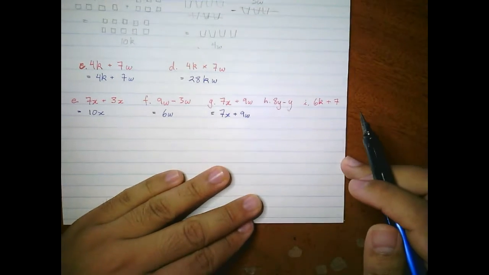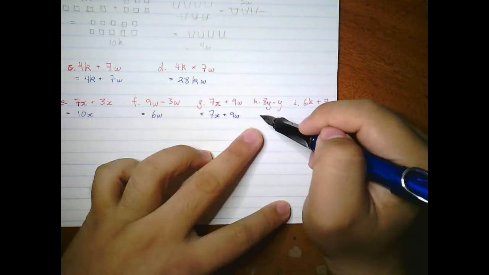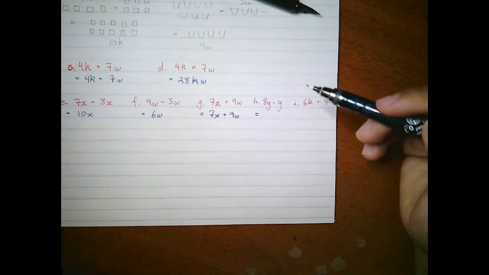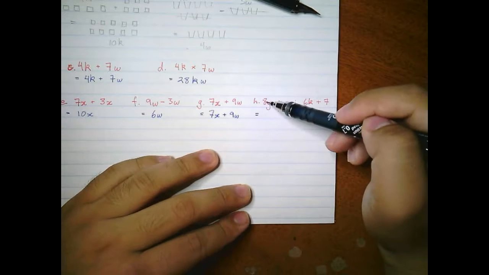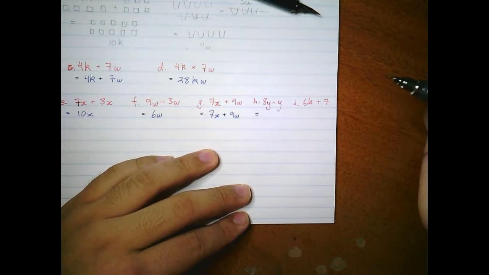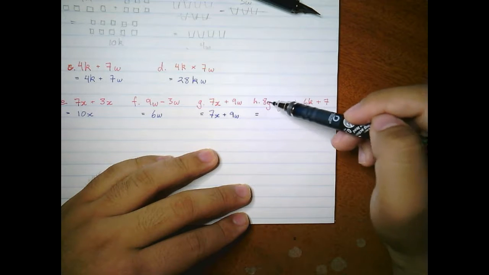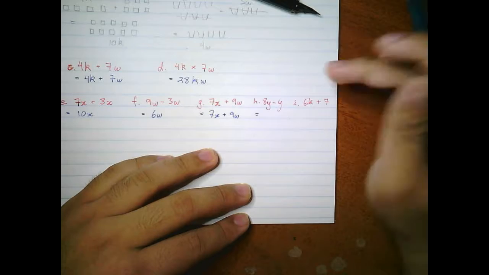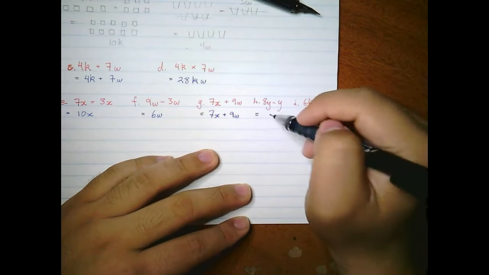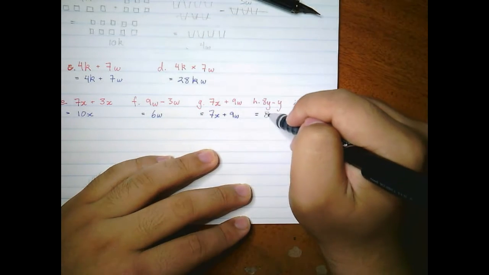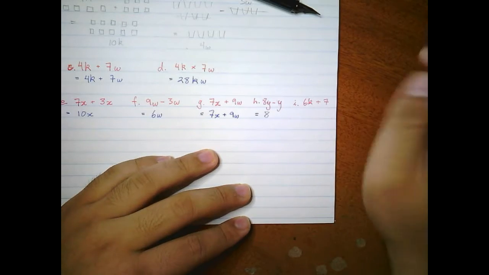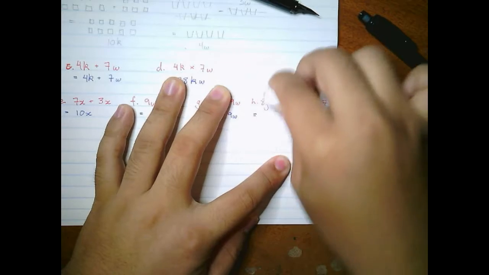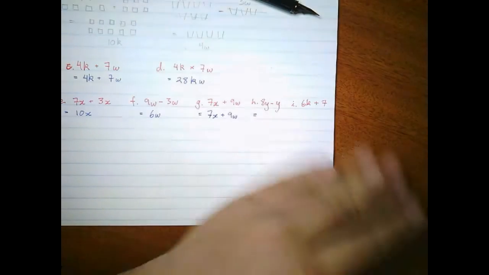This one might have been slightly confusing. I'm going to write in pencil what it actually means. 8y minus y. Remember, these are like terms because they have the same pronumeral. But a lot of students think this is just going to be 8, that the y's go away. That is not true.